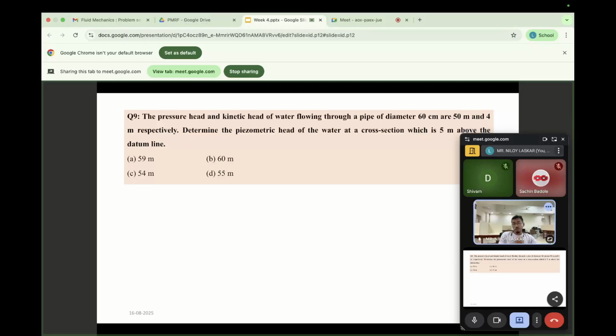Okay, so I think that I haven't discussed this piezometric head. Piezometric head basically means pressure head plus datum head. That means this hydraulic gradient line, you remember? So for this hydraulic gradient line, the pressure and the piezometric head both are equal. Okay, so I am writing hydraulic gradient line, so what is it?